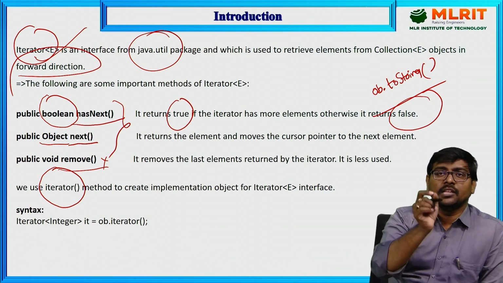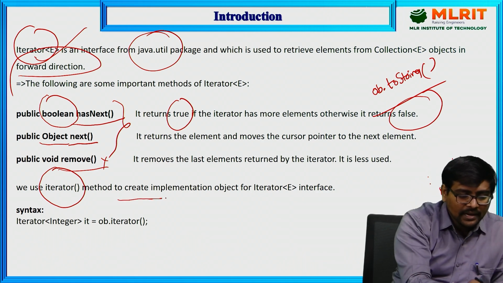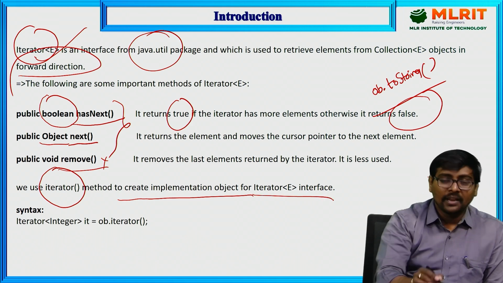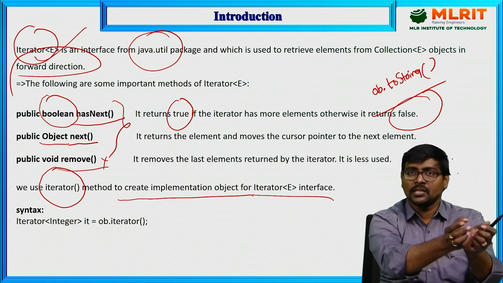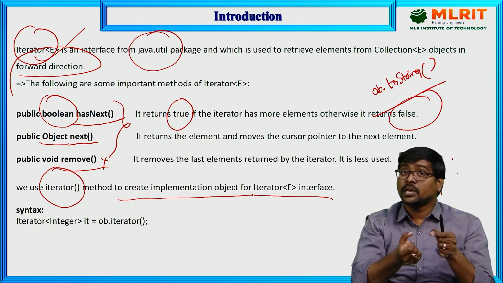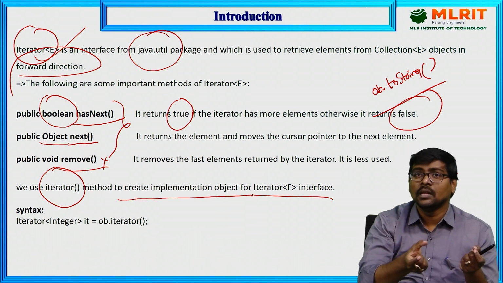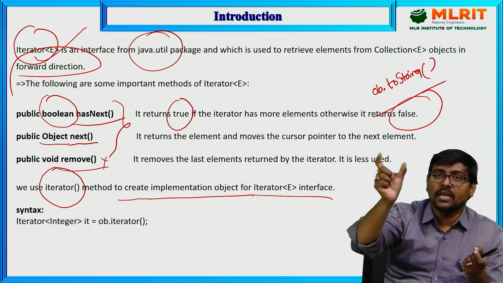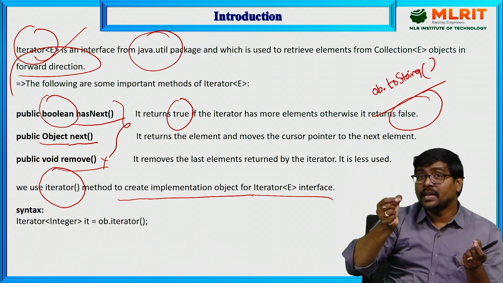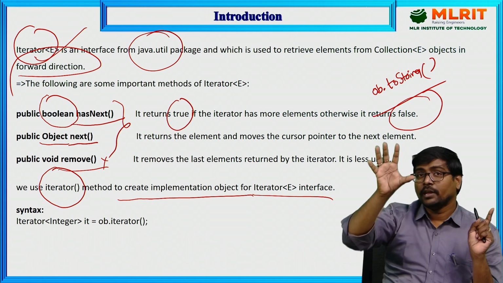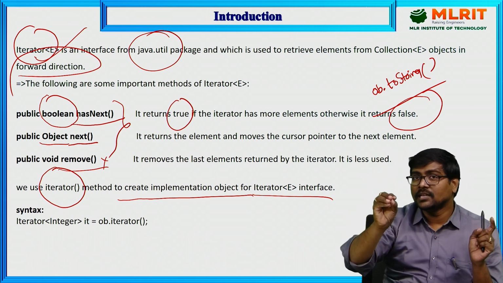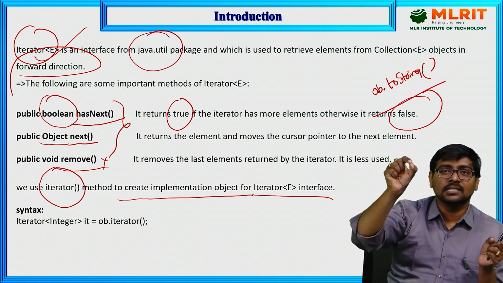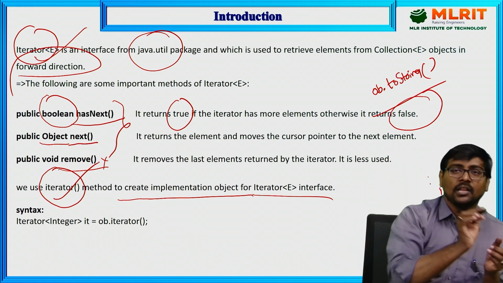The iterator method is used for creating the implementation object. For the Iterator interface, there is one implementation class. Every interface has an implementation class. On that implementation class object, the Iterator works.